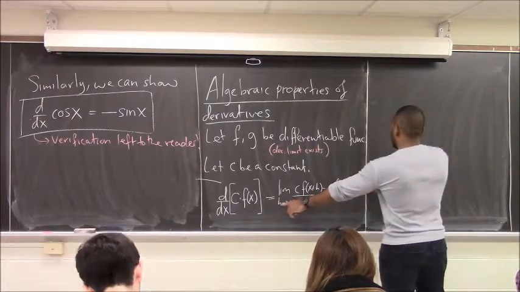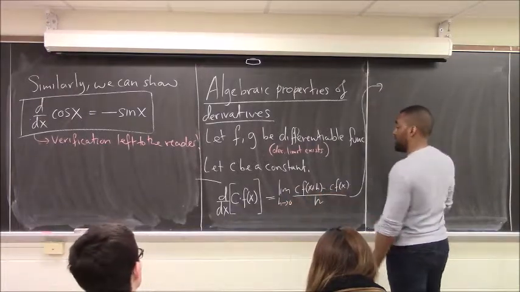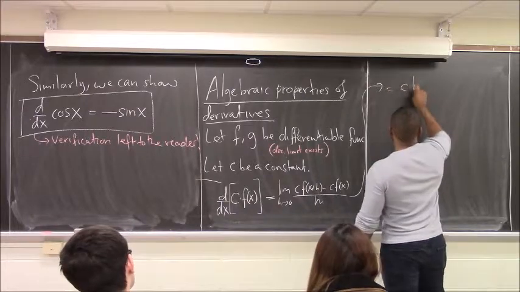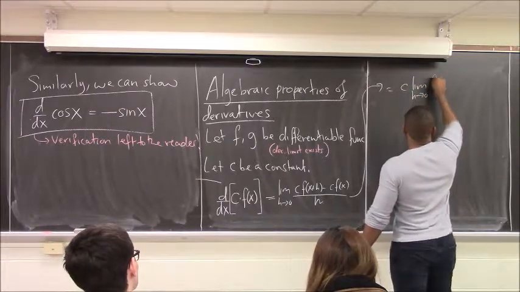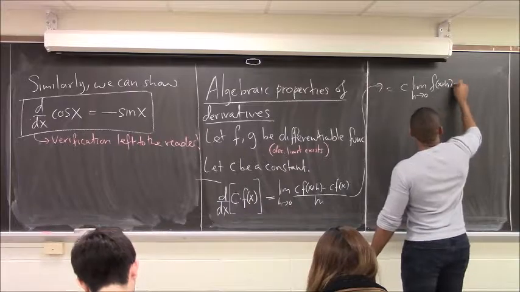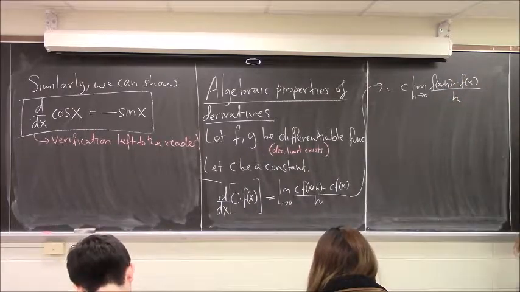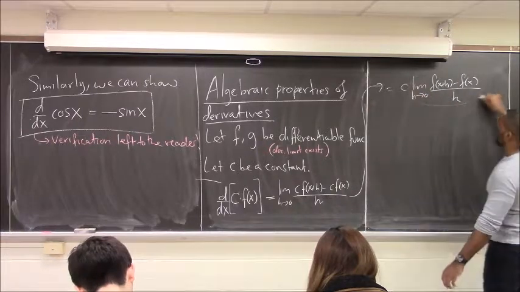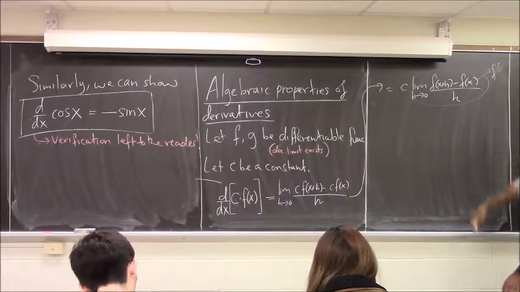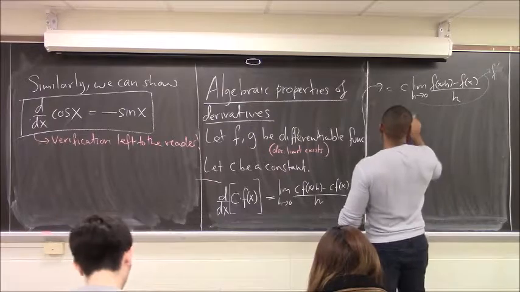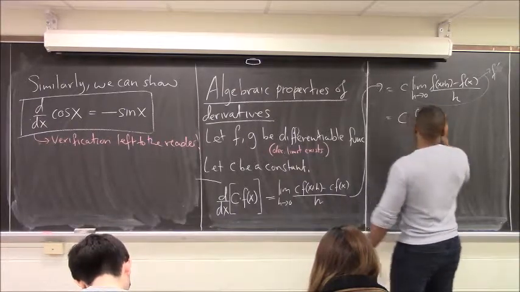However, we can use the property of limits. We know that constants can actually factor outside of limits. So I can do that here. Just factor out the c. You'll notice here, this guy is just the derivative of f. So this is just c times the derivative of f.